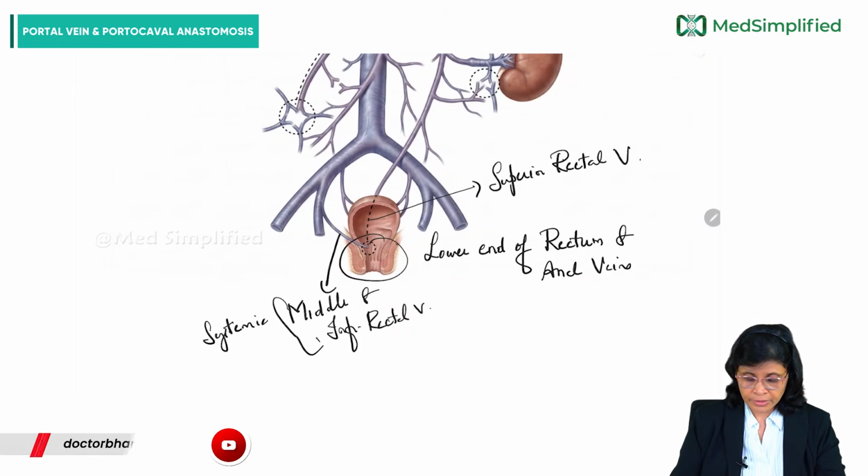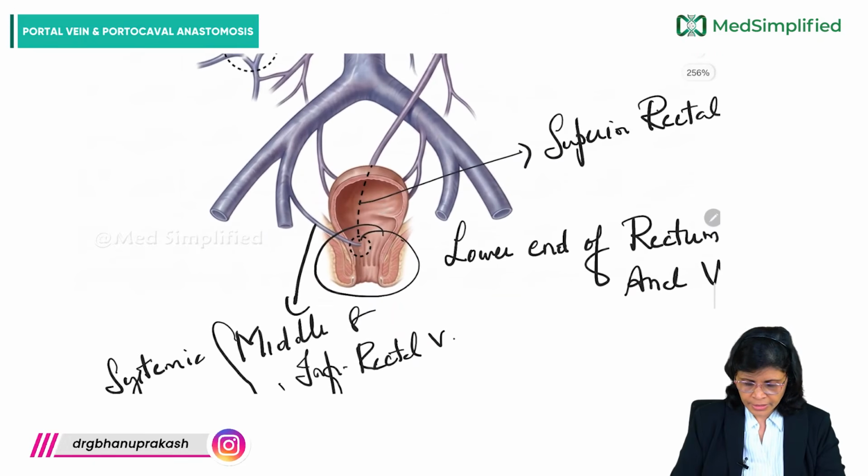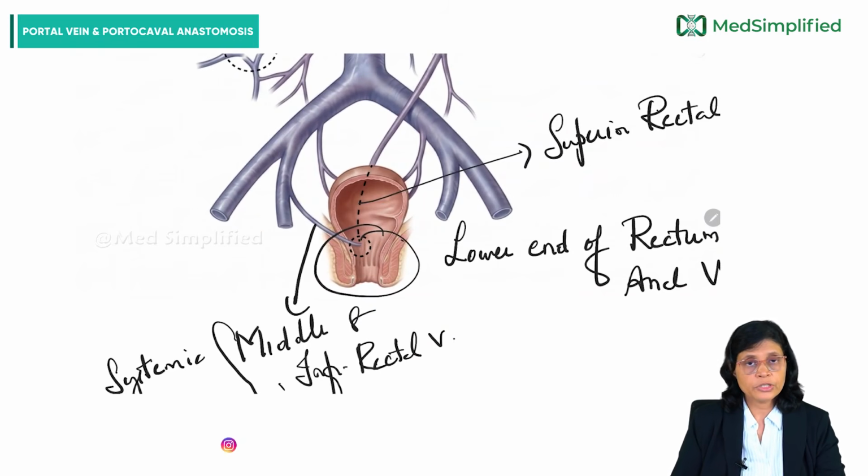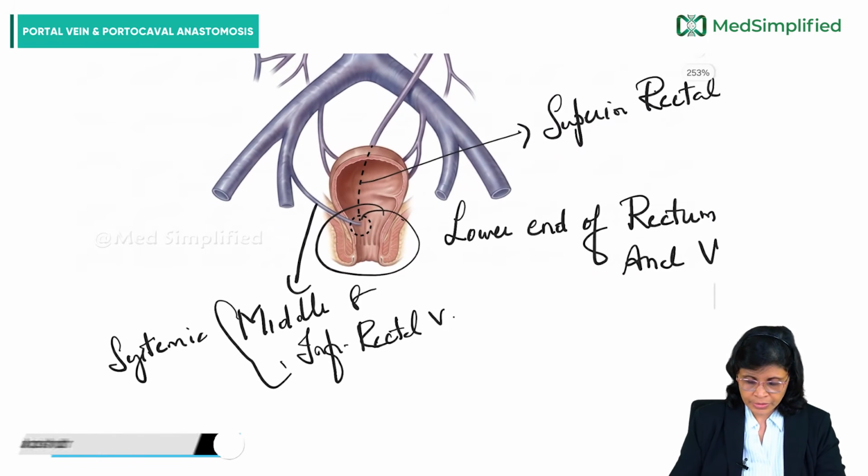Okay, so in portal hypertension or portal obstruction, what can happen? The radicals of the superior rectal vein in the anal columns, the superior radicals, which are nothing but the tributaries there, will dilate and become distended, and they produce internal hemorrhoids.